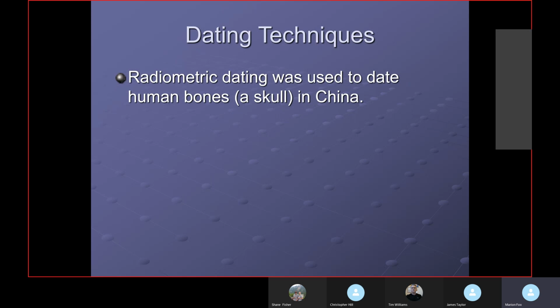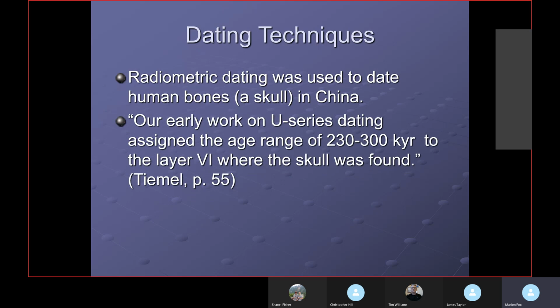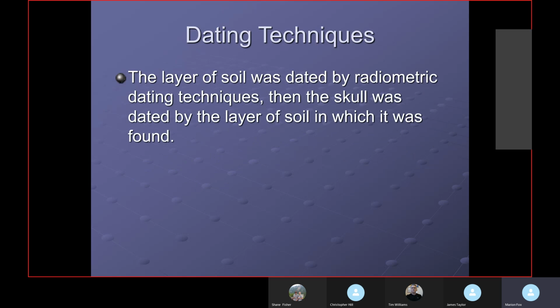Radiometric dating was used to date human bones, that is the skull in China. Tamel says, "Our early work in U series," that'd be uranium series dating, "assigned the age range of 230 to 300 kiloyears," that's 1,000, that'd be 230 to 300,000 years, "to layer 6 where the skull was found." So they dated the layer of soil where the skull was found by radiometric dating, the uranium series, and the skull was dated by the layer of soil in which it was found.